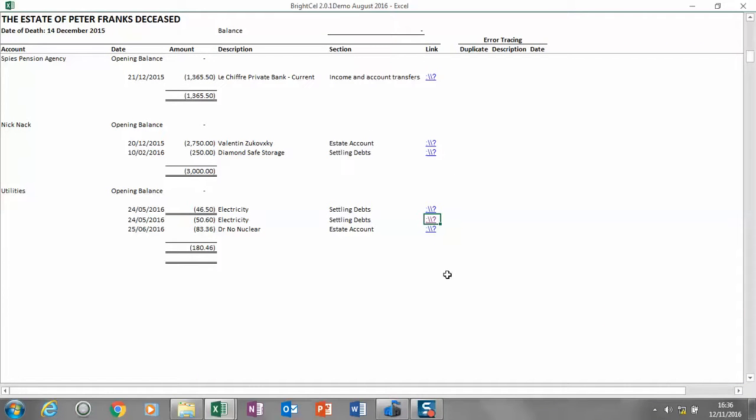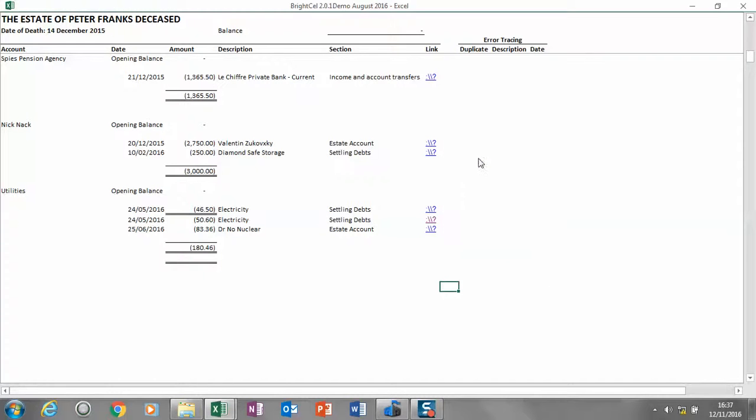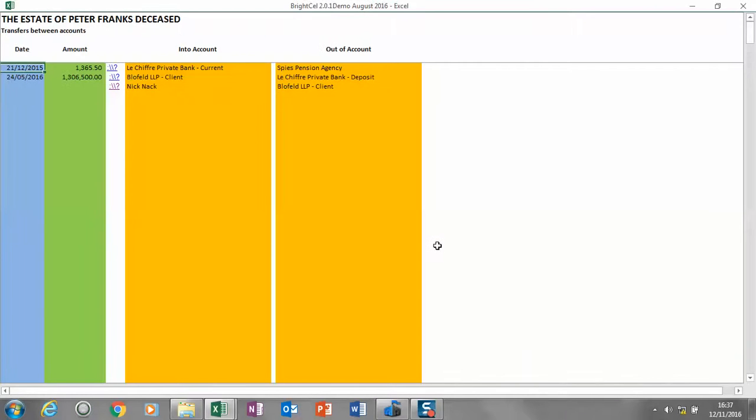We can go back to the nominal ledger page if you like. Now the question becomes, how do we pay that? Well, let's say that we decide that we are going to pay it off. So what we're going to do is collect or transfer some cash, because that's how we work in and out of accounts. So I'm going to put here minus 180.